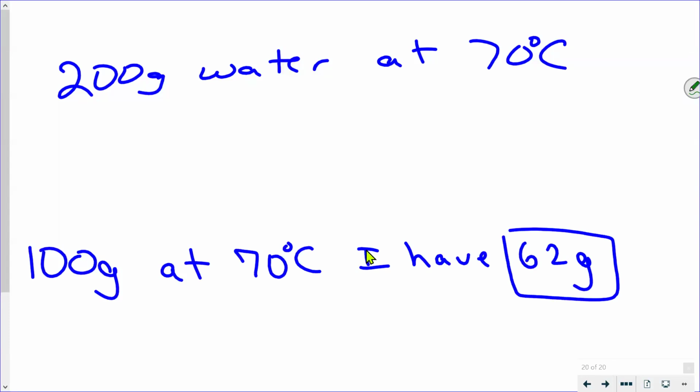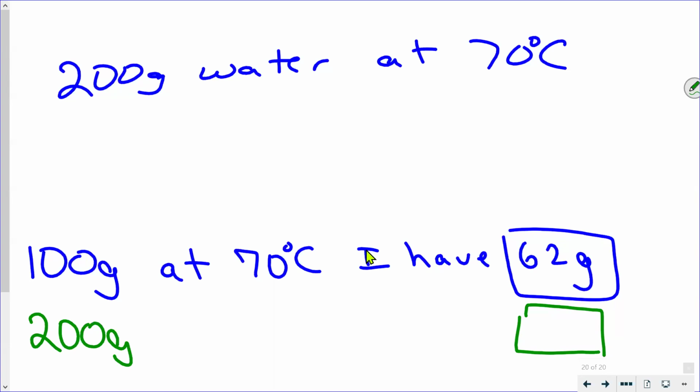But if I have 200 grams, what do I have now? 124. You increased the base by 2 from 100 to 200, so you should increase the result by 2.